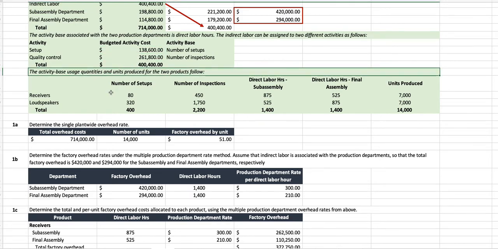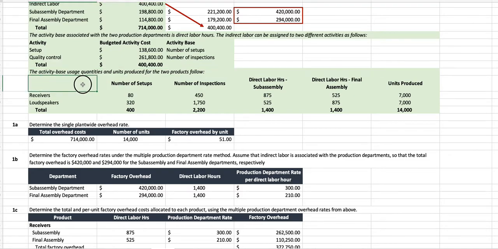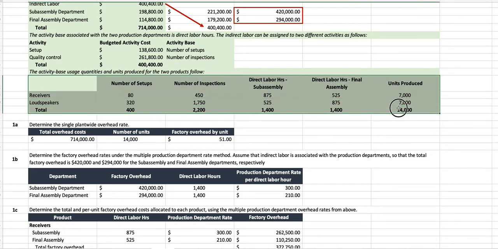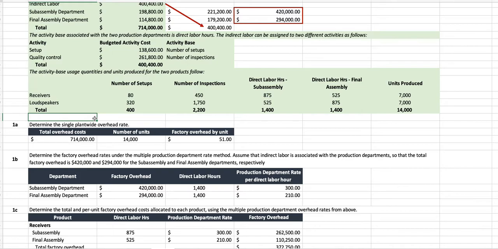And then finally, we have these activity-based usage quantities, and we'll be using this for the activity-based portion of the video.